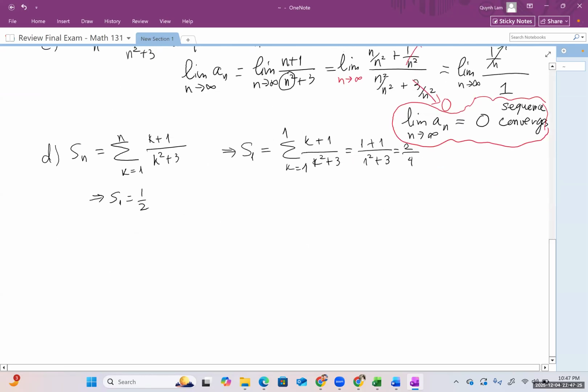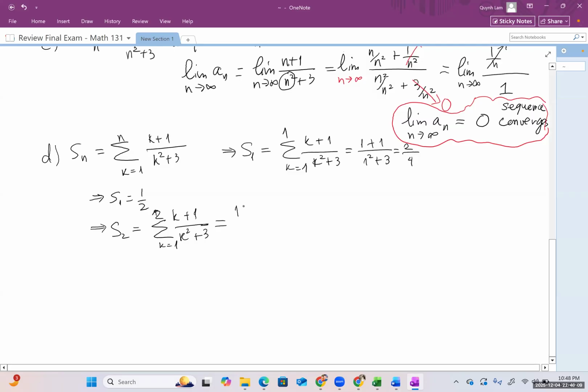Okay, so now for S2, what you do is you replace all the n to be 2. So I have k plus 1 over k squared plus 3, which you can now replace with k to be 2 terms, one term with 1 and another one with 2.